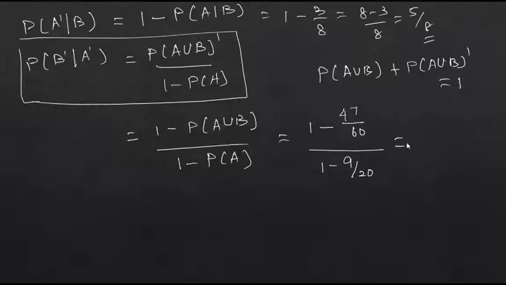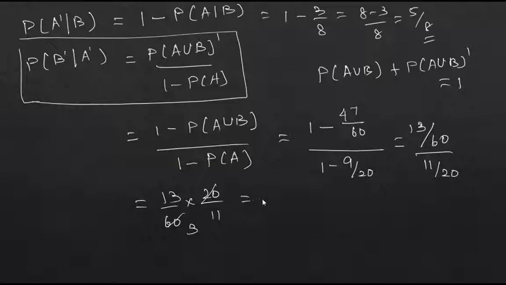That is 13 by 60, whole divided by 11 by 20. So 13 by 60 into 20 by 11, which is 3 times, so 13 by 33 is the answer.